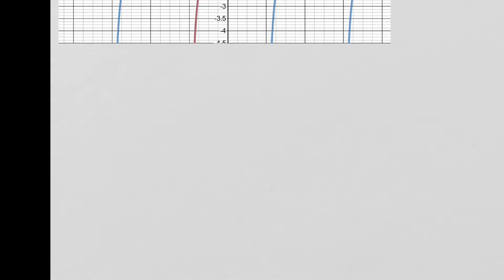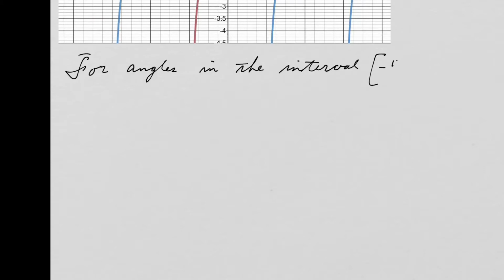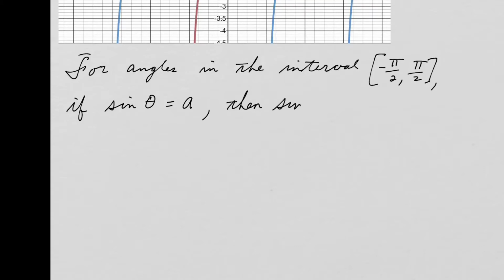All right, so let me summarize this. So for angles in the interval negative pi over 2 to pi over 2, if sine of theta is equal to some value a, remember a can be between negative 1 and 1, over that particular interval, then, and this is how we write the inverse sine function, sine to the negative 1, you would read that as inverse sine of a.